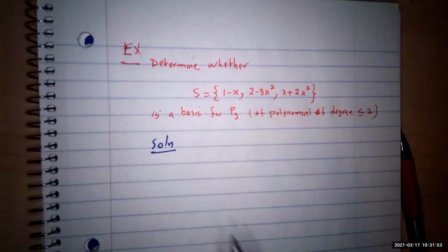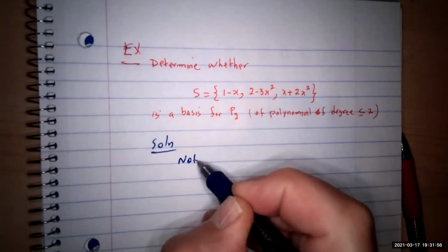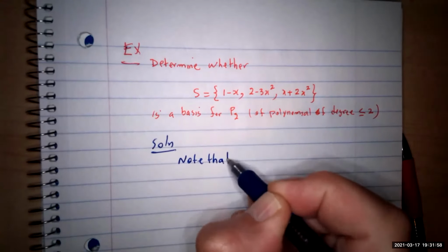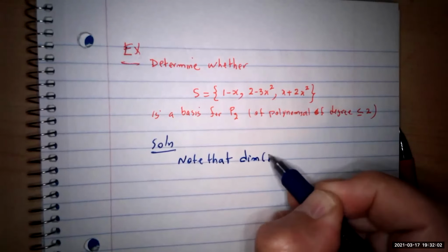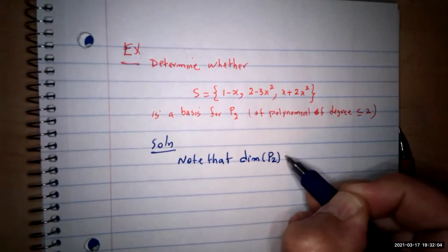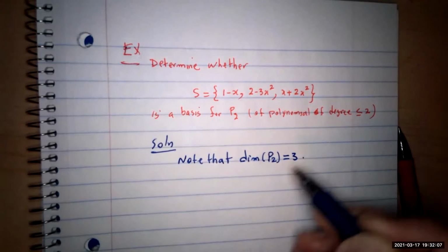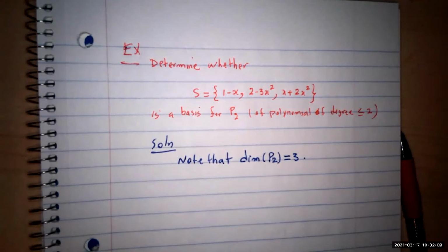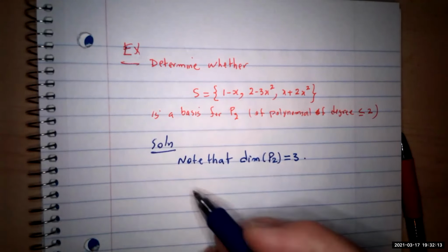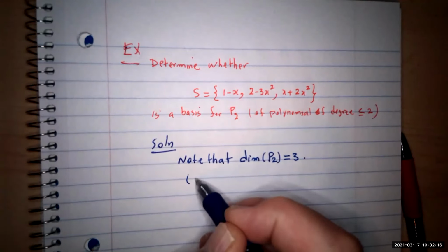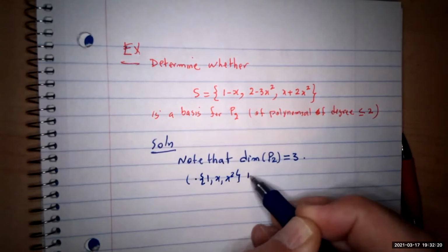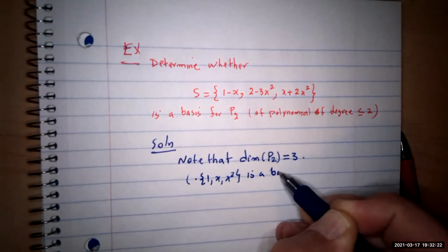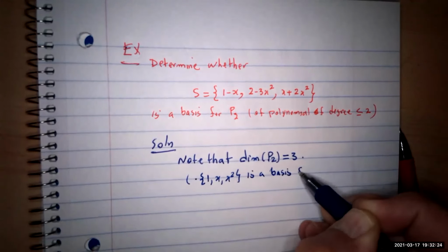Note that the dimension of P2 is equal to 3. You know that because 1, x, and x² is a basis for P2. I just remind you, we talked about it before.